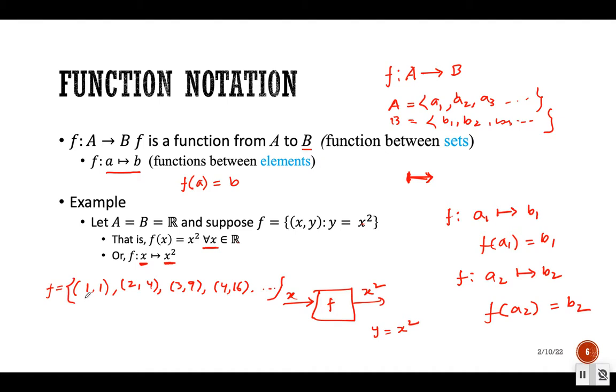Because you can see that the first element is x and the second element is x square. First element is 2, second element is square of 2. All right, and we're talking about all real numbers. I'm showing you an example only with integers, but it's actually talking about all the real numbers.